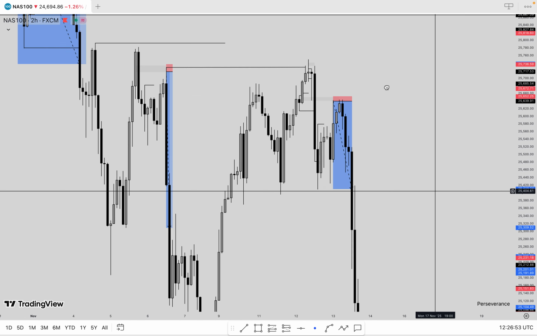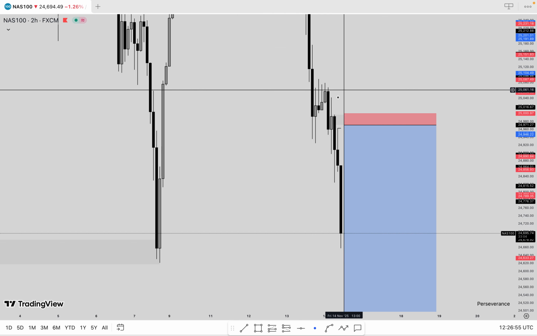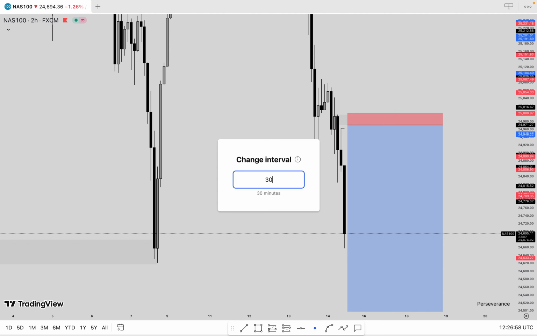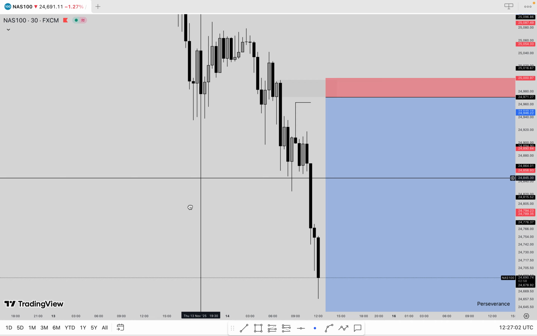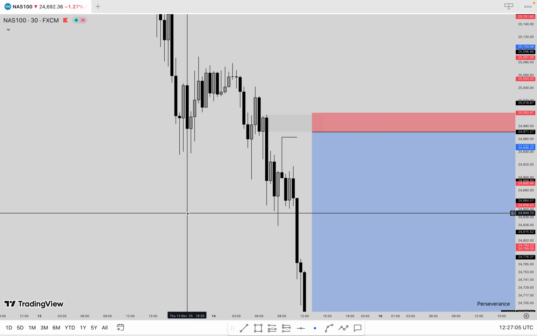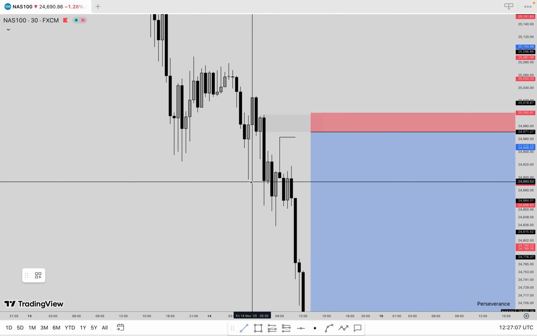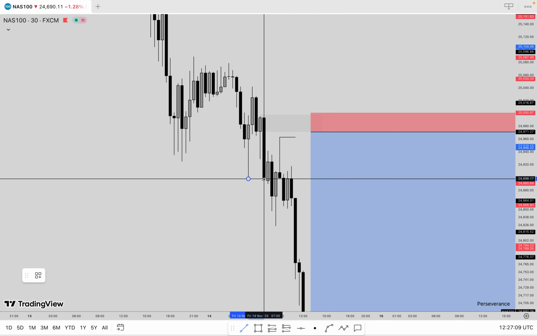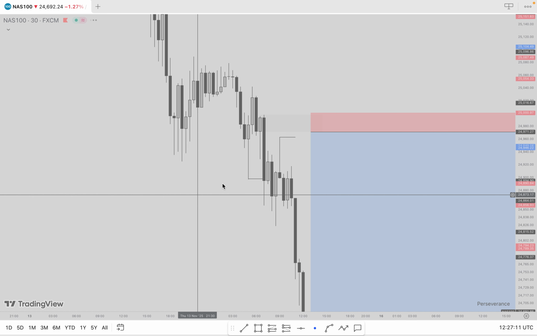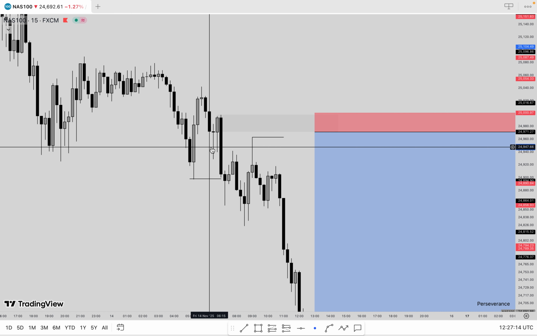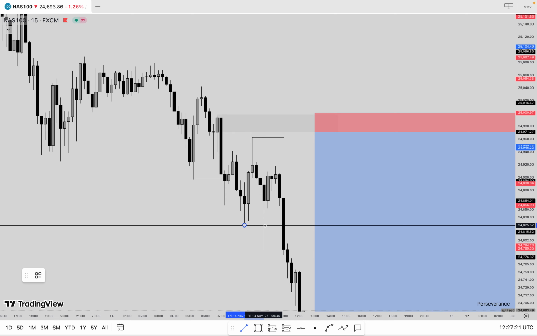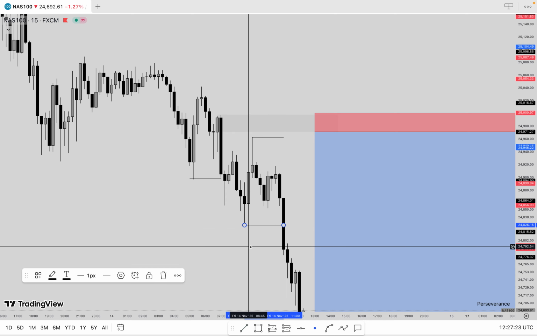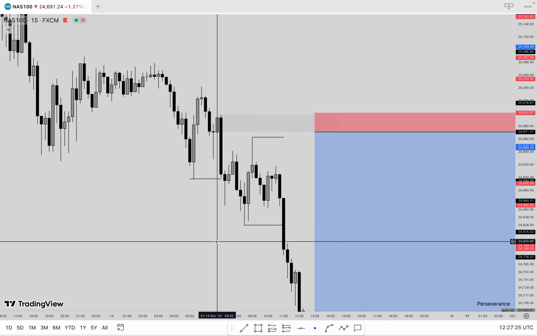Okay, now for the other trade I had today, the price didn't actually come. So here, since we have this break of structure, we had the first pullback, and then confirming the pullback, this break of structure.